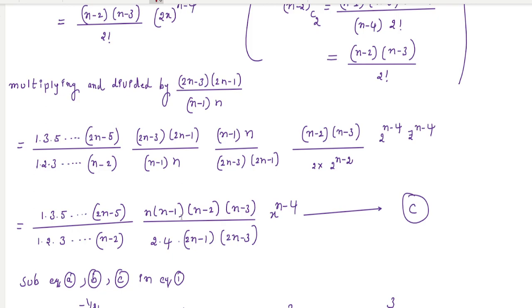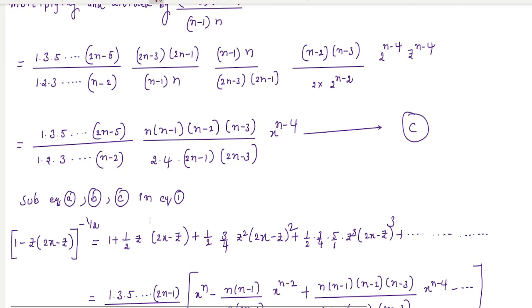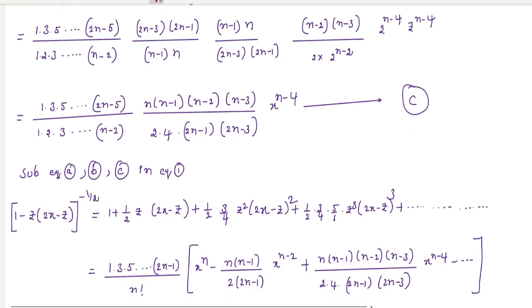I didn't mention them as equation number 1, 2, 3, 4. Equation number a, equation number b, equation number c. So all this information, if you substitute in our equation number 1, this is our expansion series, right? Then you substitute these values in equation number 1, and you will get this.